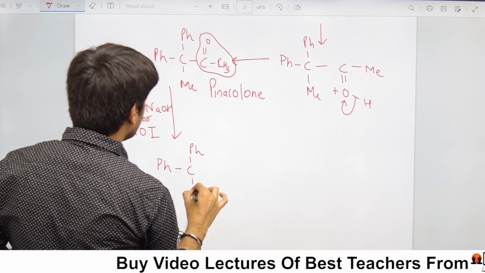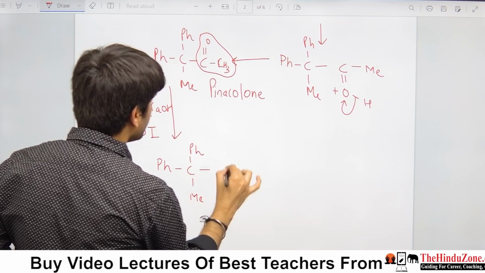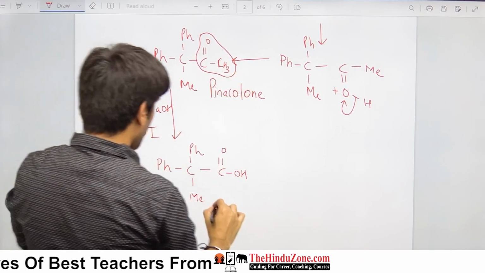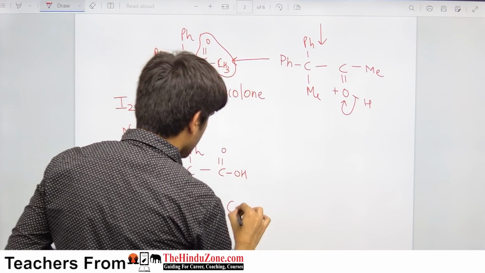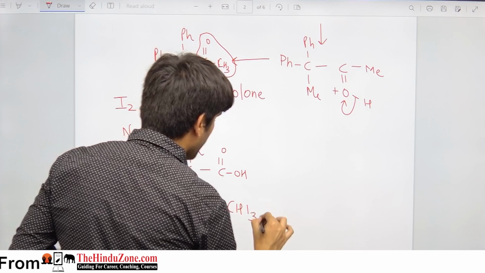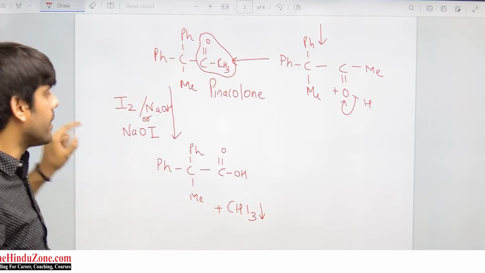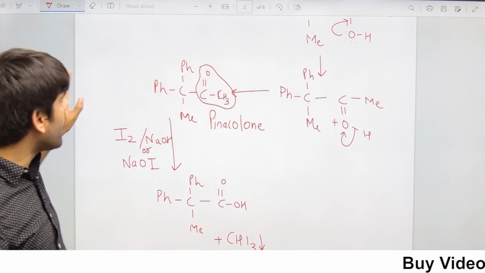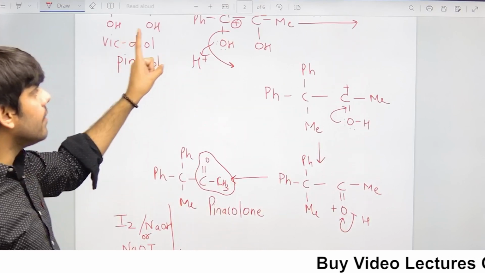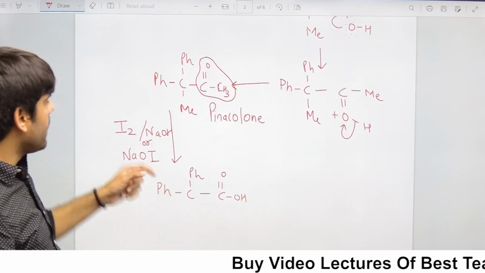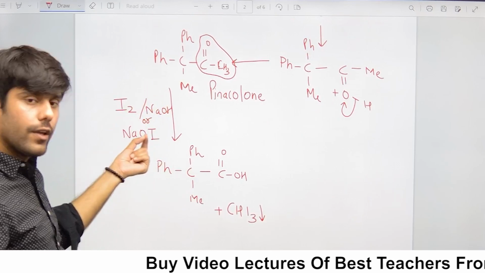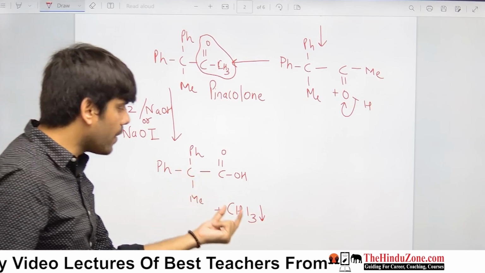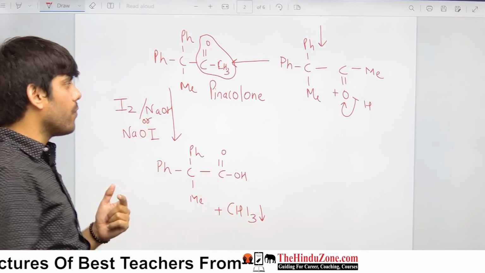You will get an acid like this, and the CH3 will form this yellow precipitate of CHI3. So basically this pinacolone, this carbonyl compound that I get in the first reaction P, is reacting with this reagent I2 in the presence of NaOH in order to give you this precipitate of iodoform.